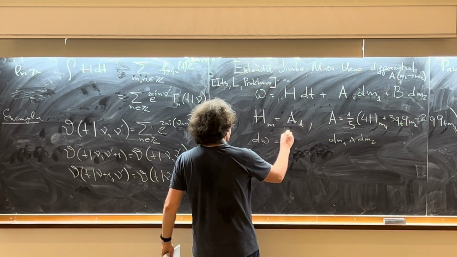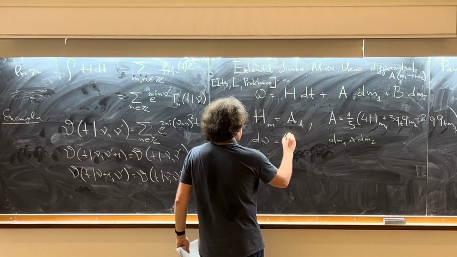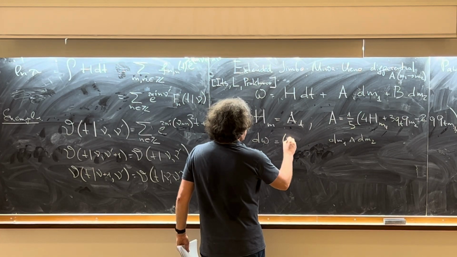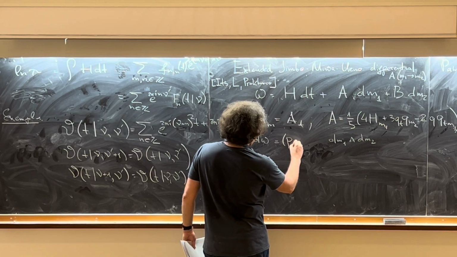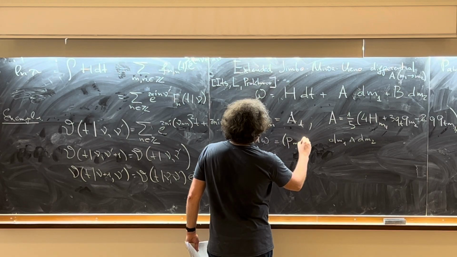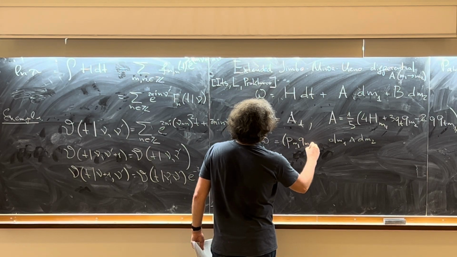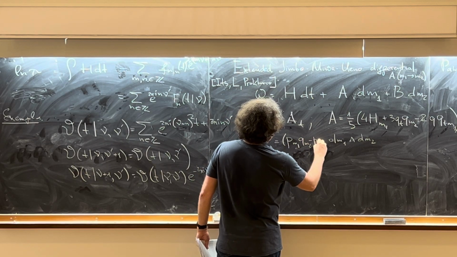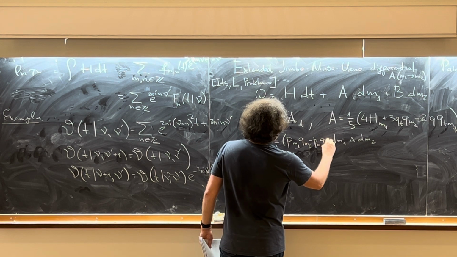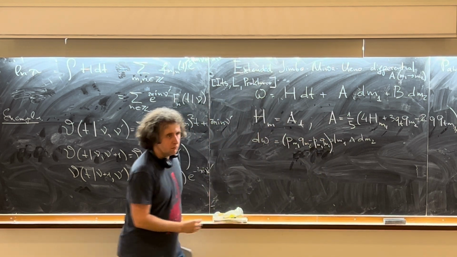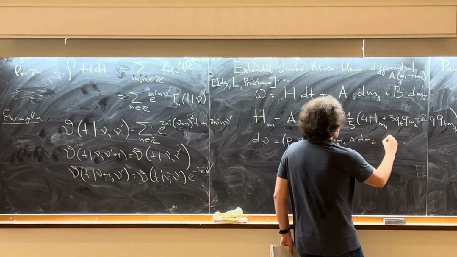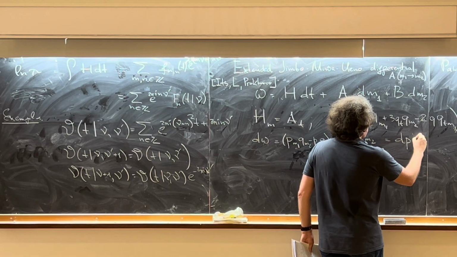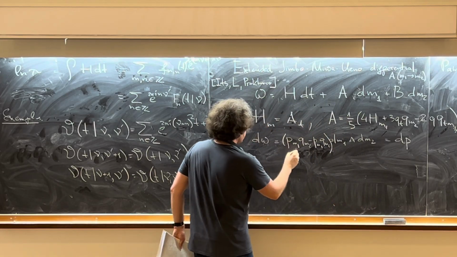And so what you will get is basically you can recognize as being P M1 Q M2 minus P M1 Q M2, which is nothing but, maybe opposite, I'm not sure.